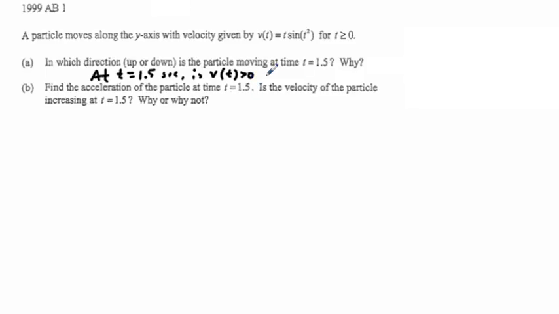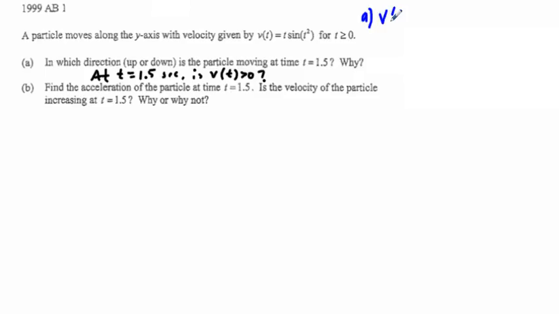If greater than 0, the particle is moving up. If v of t is less than 0, the particle is moving downward. So what we have to do is take this function and substitute in 1.5 for t. So here's going to be part A, I'm putting over to the side up here.